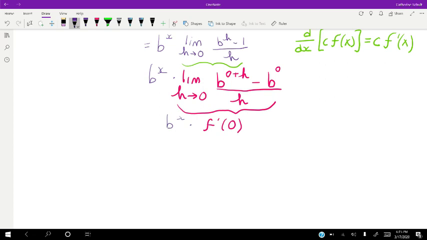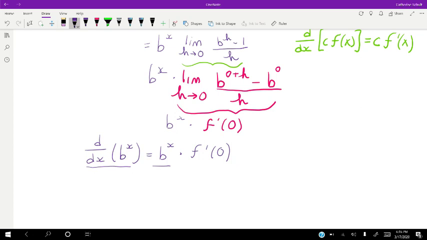So what did we show? Again, we're trying to justify what the derivative of an exponential function is. This is where we started: we wanted to take the derivative of b to the x. We did some clever manipulation, and we said that this is equal to b to the x times the derivative at 0. So look, the derivative of b to the x is proportional to b to the x.